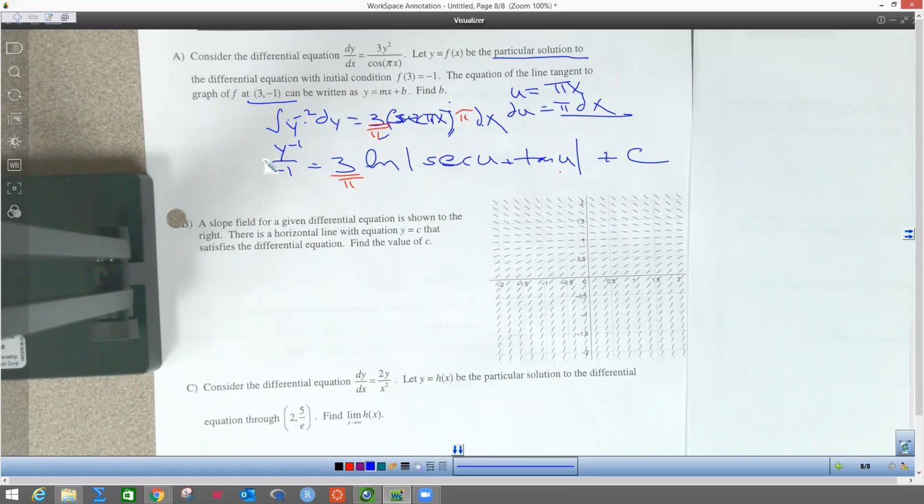So I'm going to rewrite this thing over here as -1 over y to the first. I'm going to move that down to the bottom. I guess I don't need the first. It's going to equal 3 over pi natural log of secant u plus tangent u plus some c.